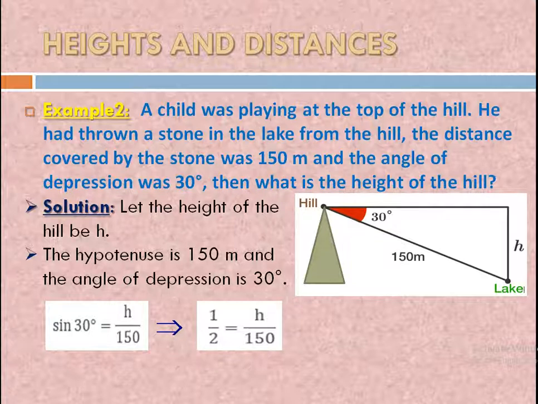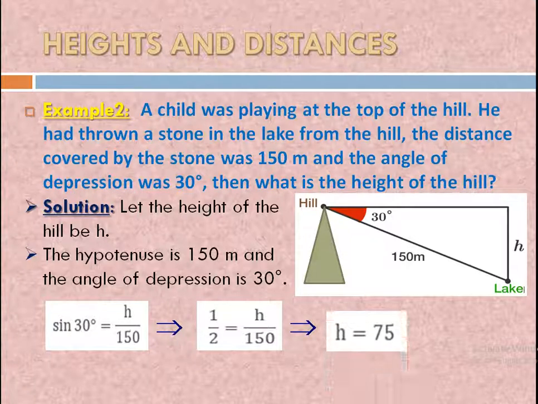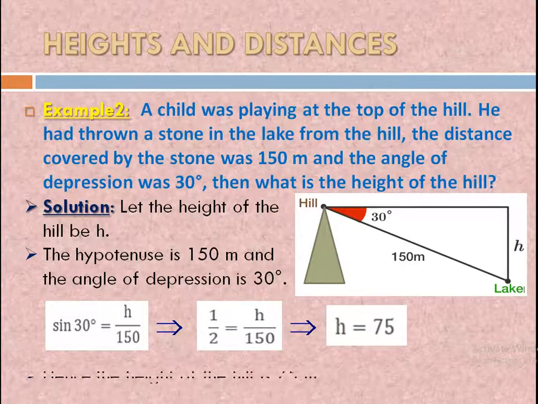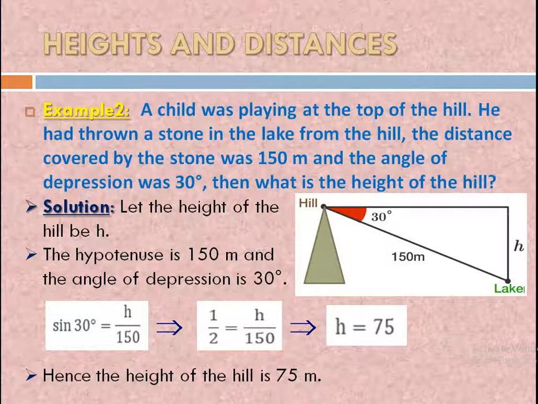So 1 by 2 is equal to h by 150. This implies h is equal to 75. Okay, hence the height of the hill is 75 meters.